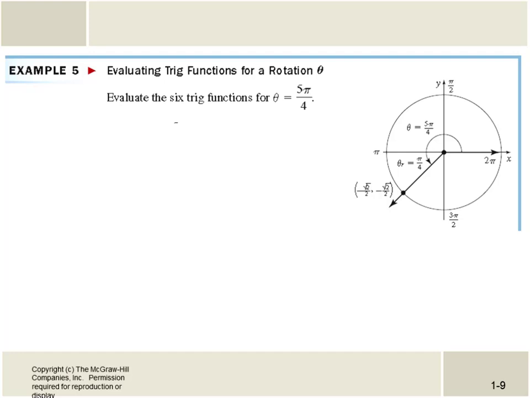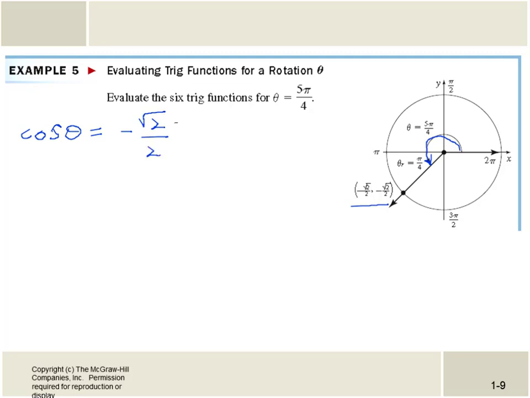So right there are our values for x and y. What we want to say is, okay, that means the cosine of theta is equal to negative the square root of 2 over 2.